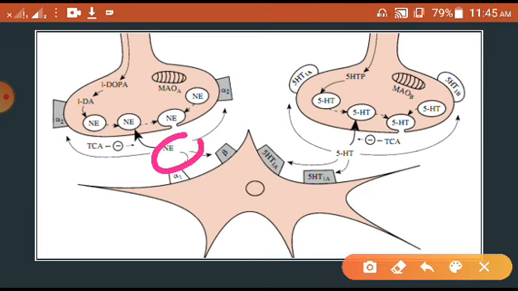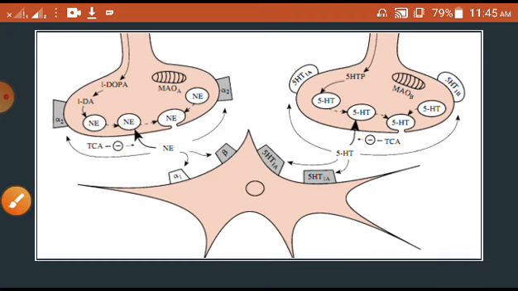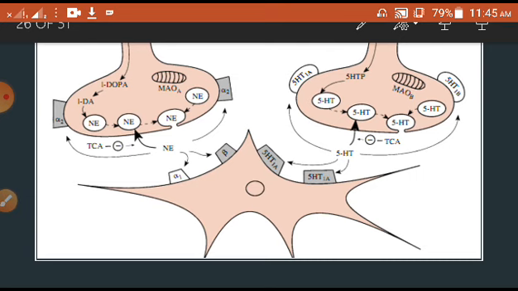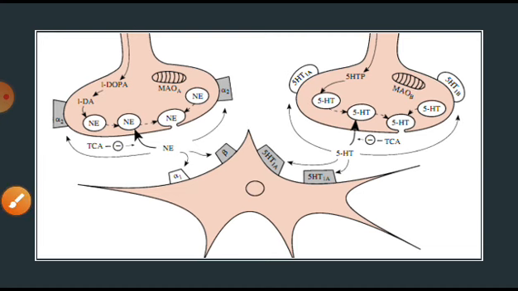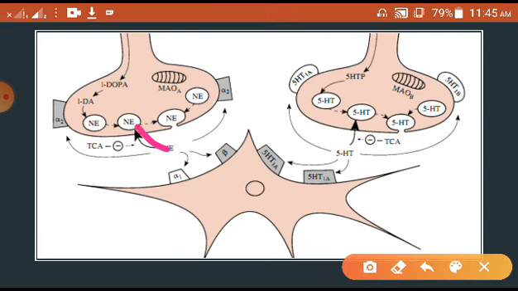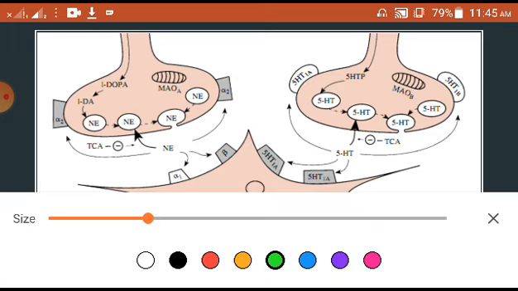You can see this is noradrenaline. Usually it is taken in, and if you give the tricyclic antidepressants here, they inhibit the binding of noradrenaline to the alpha-2.